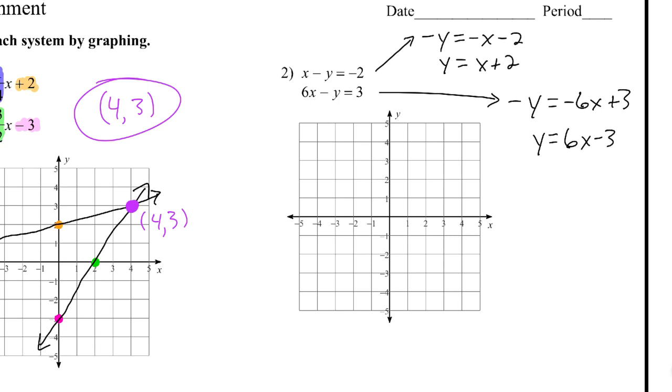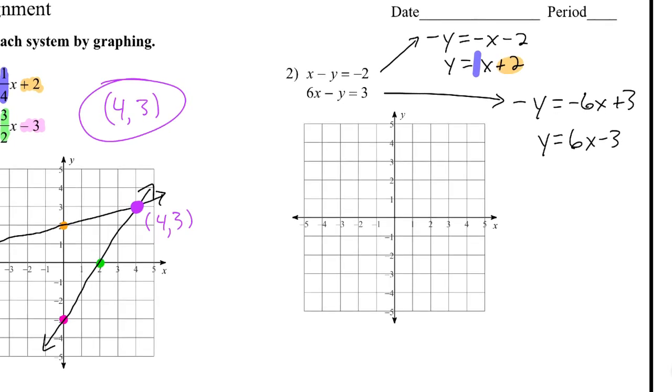Now I notice that my slope here is +1 and my y-intercept is +2. So I will put a point at (0, 2), and my slope is 1, which means go up 1 to the right 1, up 1 to the right 1, or down 1 to the left 1. Either one of those works, and then I can connect those with a line. The next one has a slope of 6 and a y-intercept of -3.